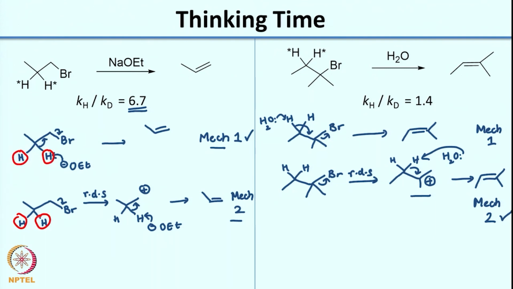So in the first case this bond is actually breaking in the rate determining step. So this bond breaks in your rate determining step. Whereas in this case, in the rate determining step, the C-H bond is intact.